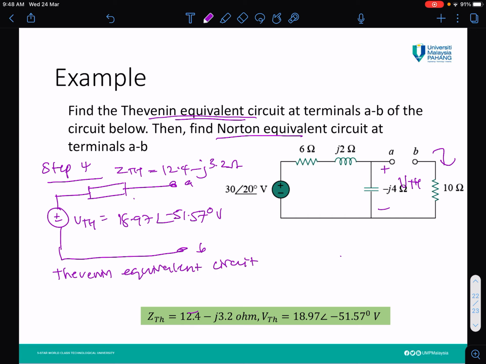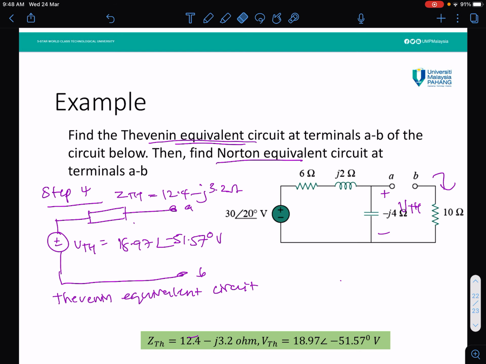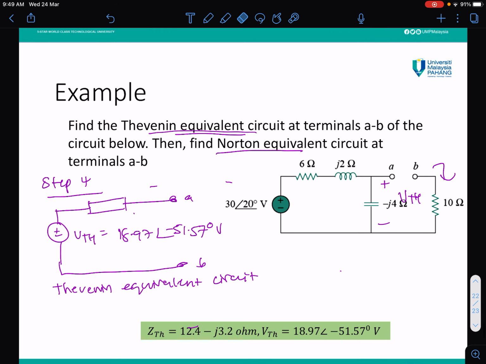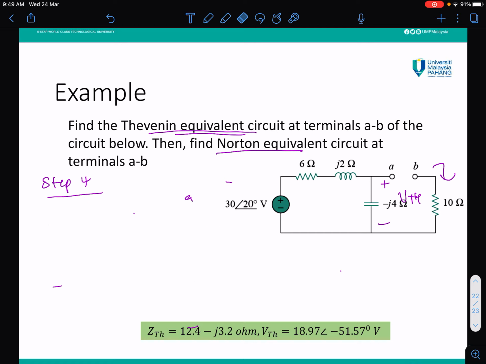Now I'm going to draw the Norton equivalent circuit. For the Norton equivalent circuit, we need to transform the Thevenin equivalent circuit using a source transformation. So here is our IN and this is our Zn.